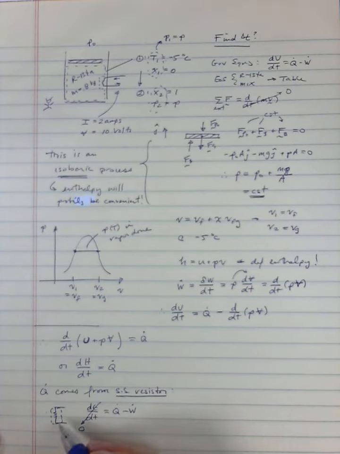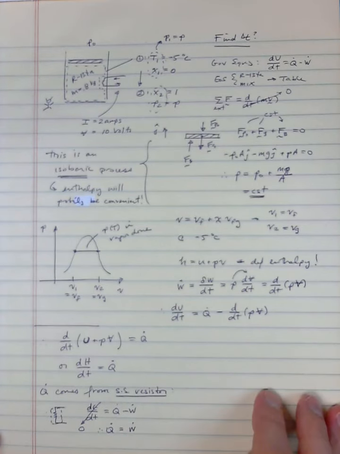Why? Because this is running at steady state. How do I know? I'm assuming that it is. I've plugged it in and it's heated up, and now it's no longer changing with time. So it's just adding heat. In other words, Q dot here equals W dot. The work that I put into the resistor is equal to the heat transfer out.